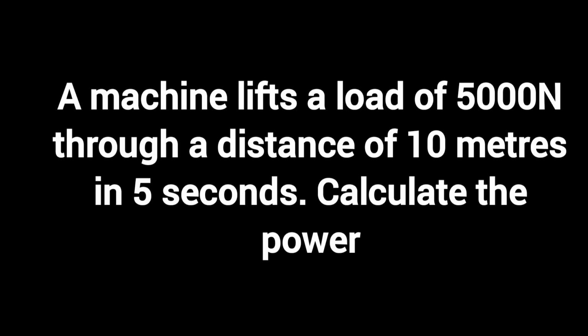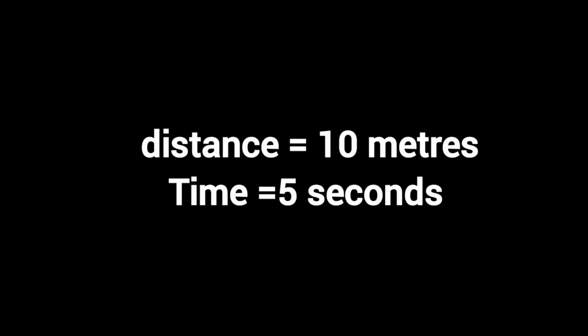A machine lifts a load of 5,000 newtons through a distance of 10 meters in 5 seconds. Calculate the power of the machine. Now remember, power equals work done over time taken. They didn't give us work done, meaning we have to find it, since they gave us force, distance, and time.